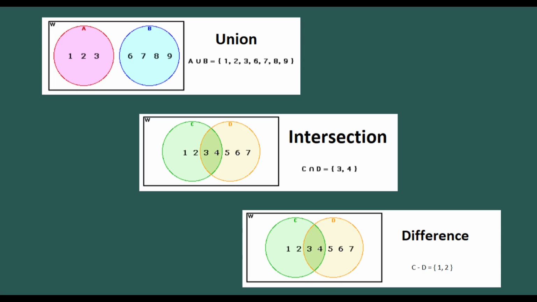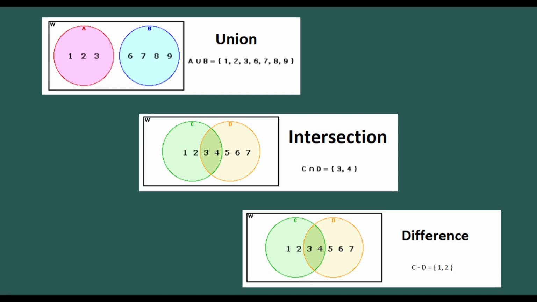The difference of set C with set D means all the values which are present in set C and not present in set D. Basically 1 and 2 are the values of set C which are not present in set D. Therefore, the difference of set C with set D is 1, 2, because 3 and 4 are present in set C as well as in set D.